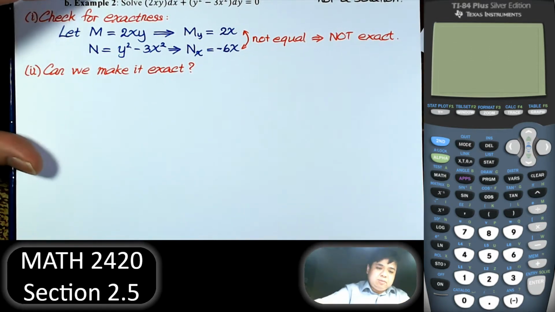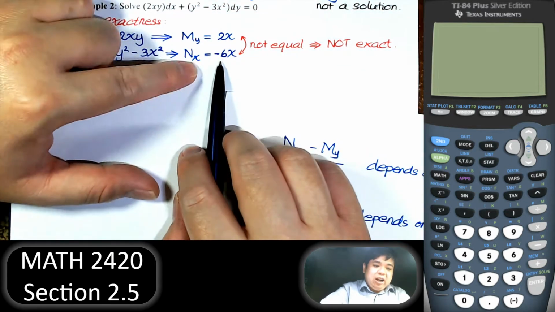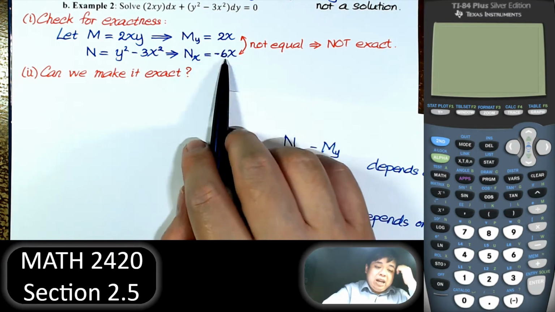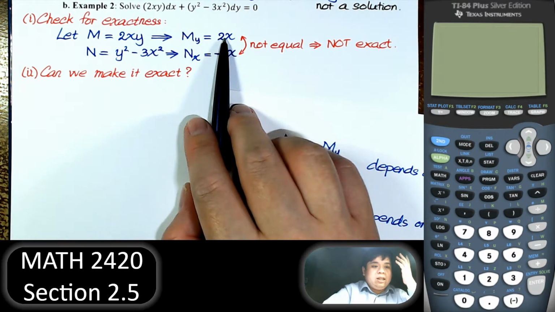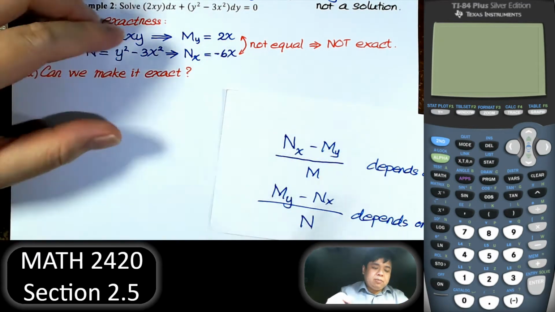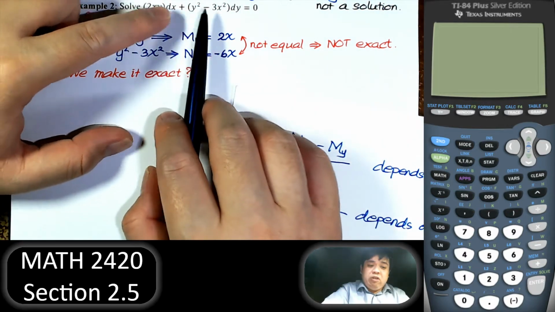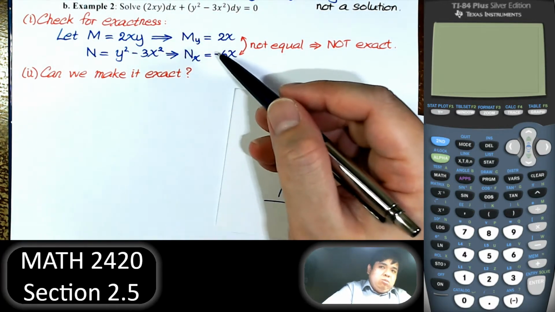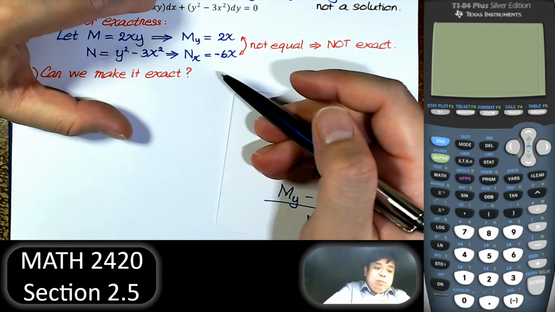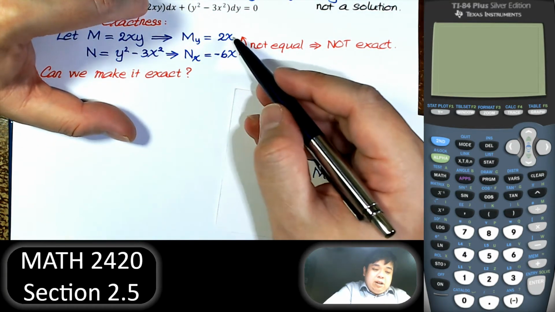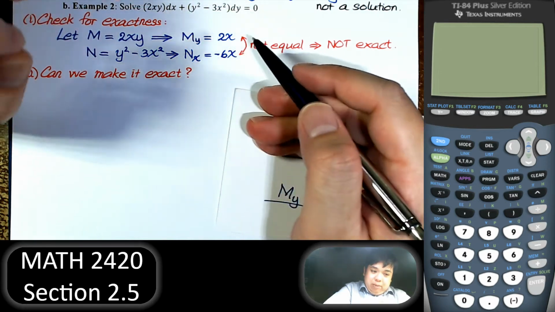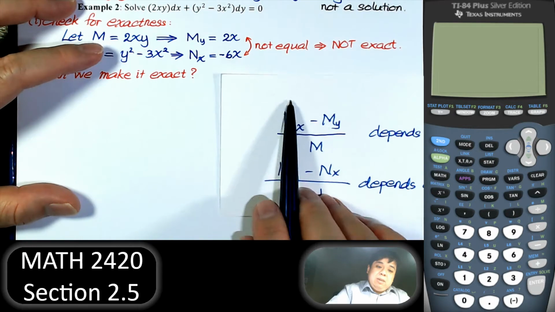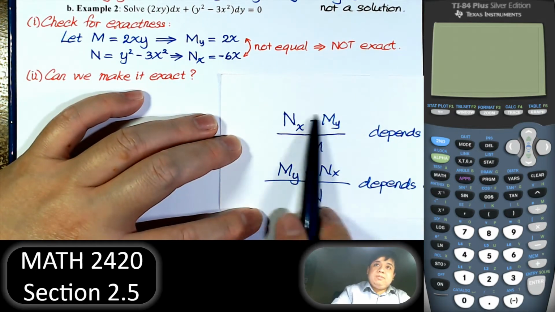Surely if we subtract them, we only have x, whether M_y minus N_x or N_x minus M_y. But which one do we divide by? One thing for sure, doesn't matter the order of the subtraction: if we divide by M, the x's cancel out, so it only depends on y. So we're going to use this.